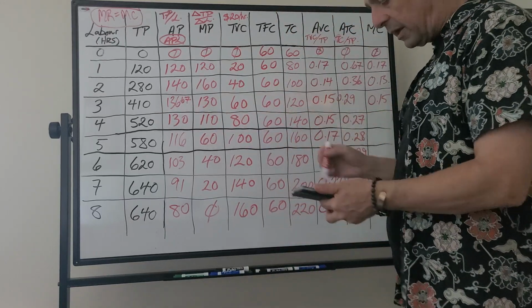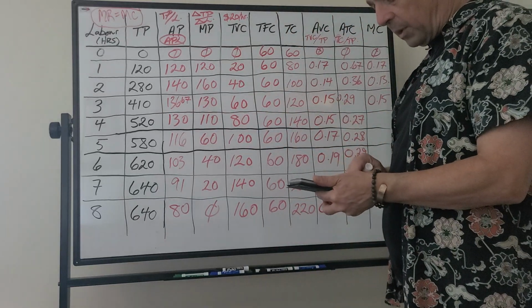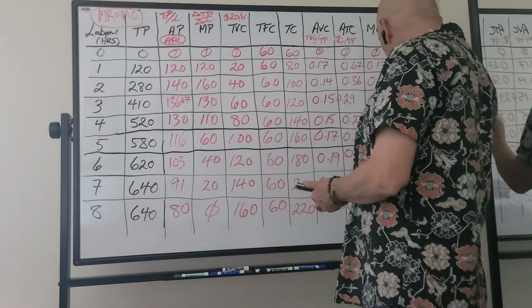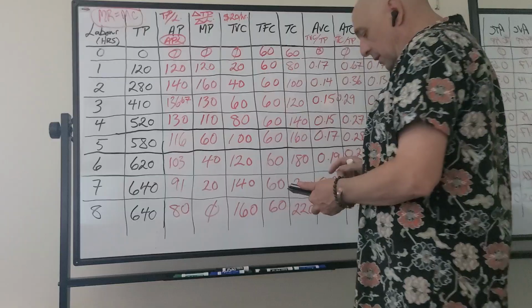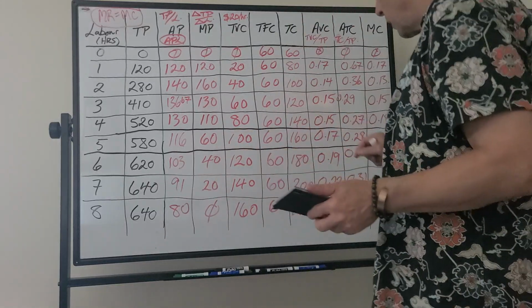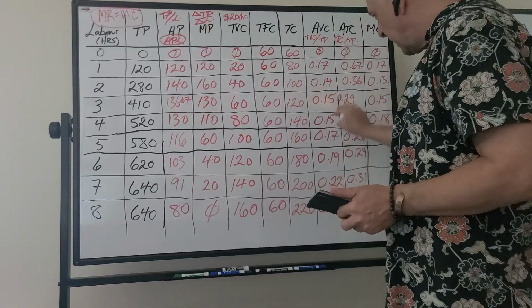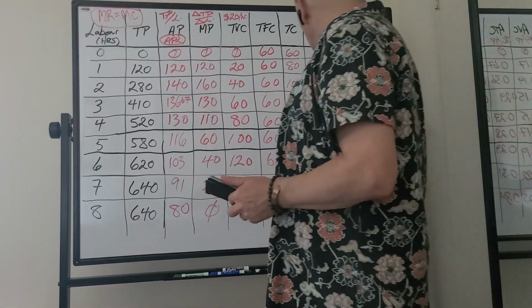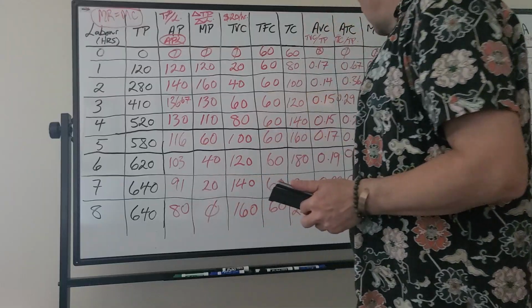So we've got 20 divided by 110, and that's going to be 18 cents, 0.18. Now I'm rounding these to 2 decimal places. You're going to see when you do it on your own calculator that you can see the finesse in here, right? So then, what's the next one?